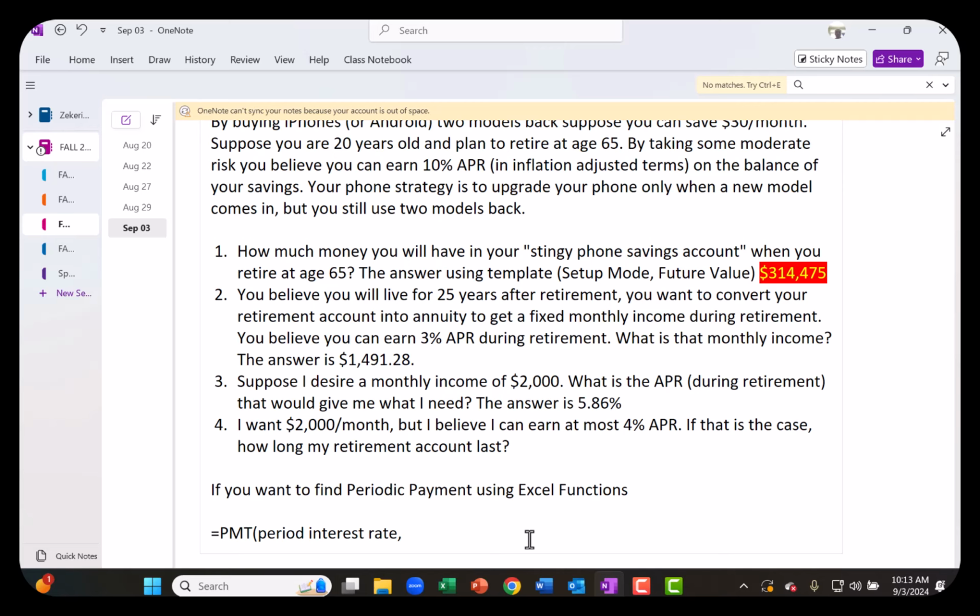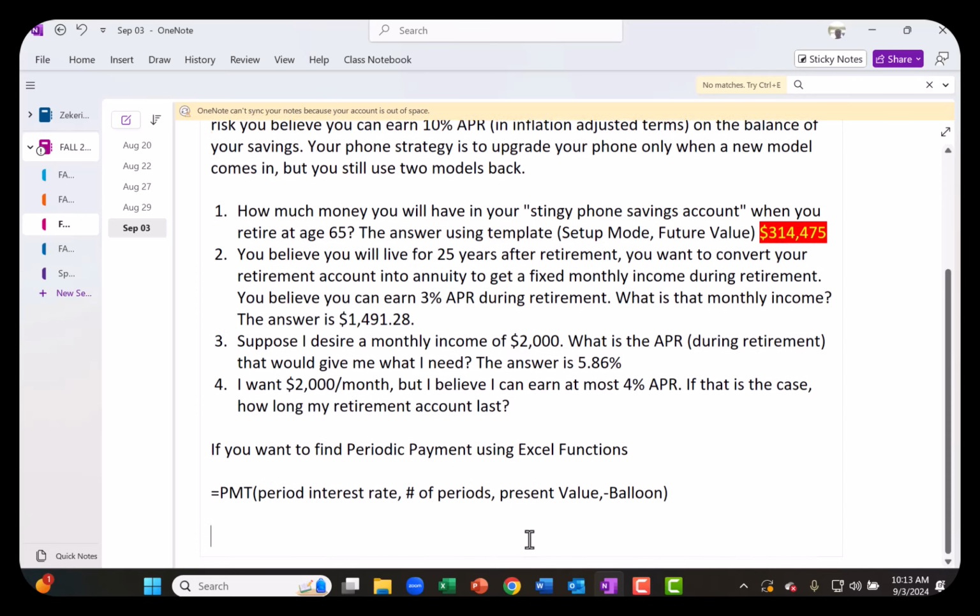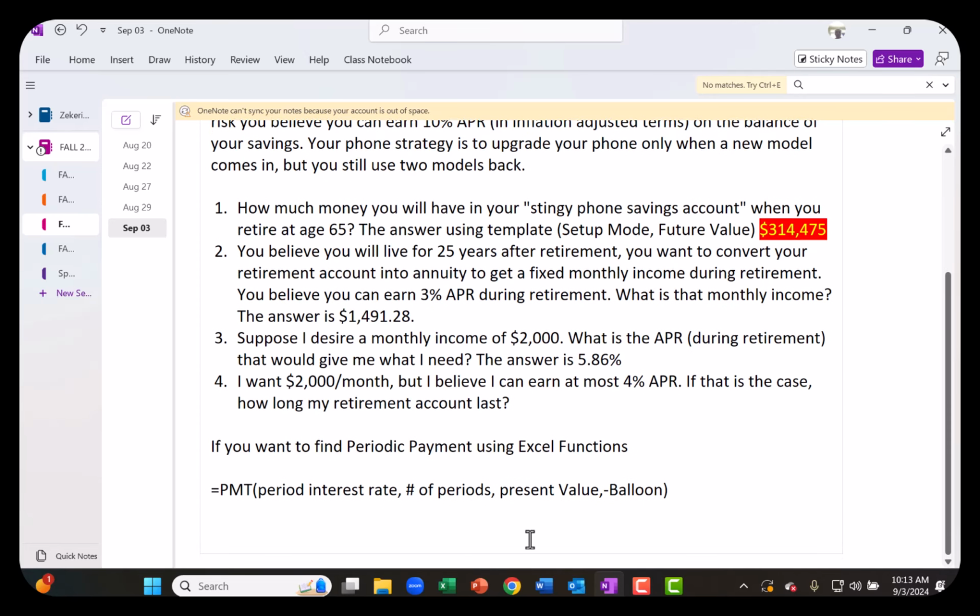Second argument is number of periods. Third is present value, and the fourth is negative of balloon. And I think you put a negative in front.